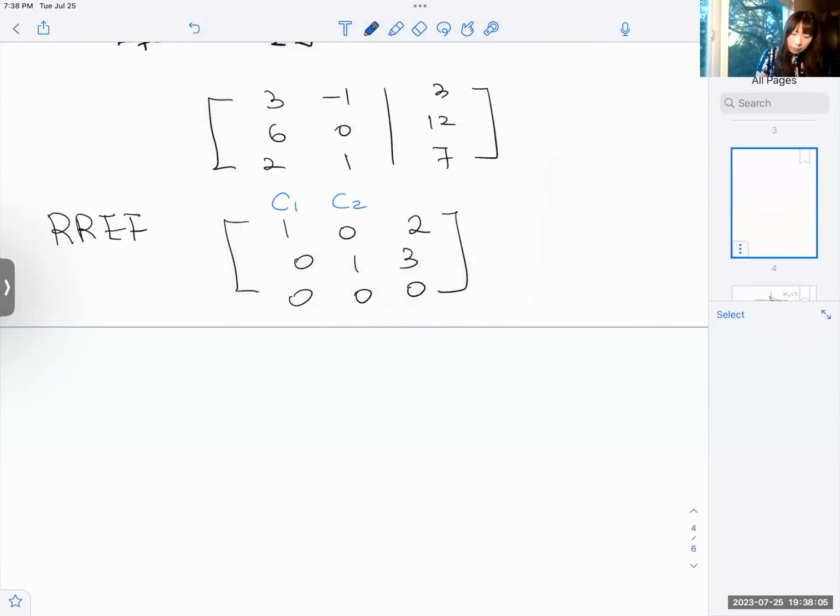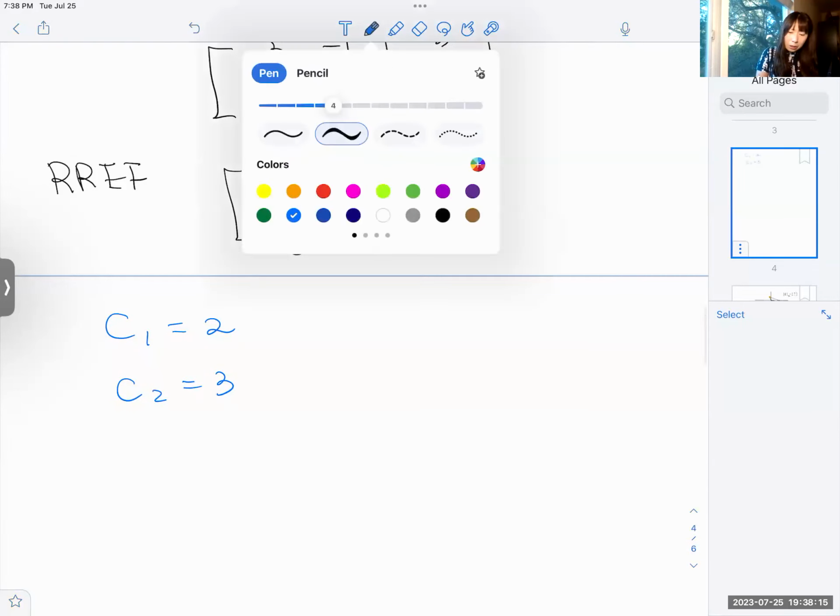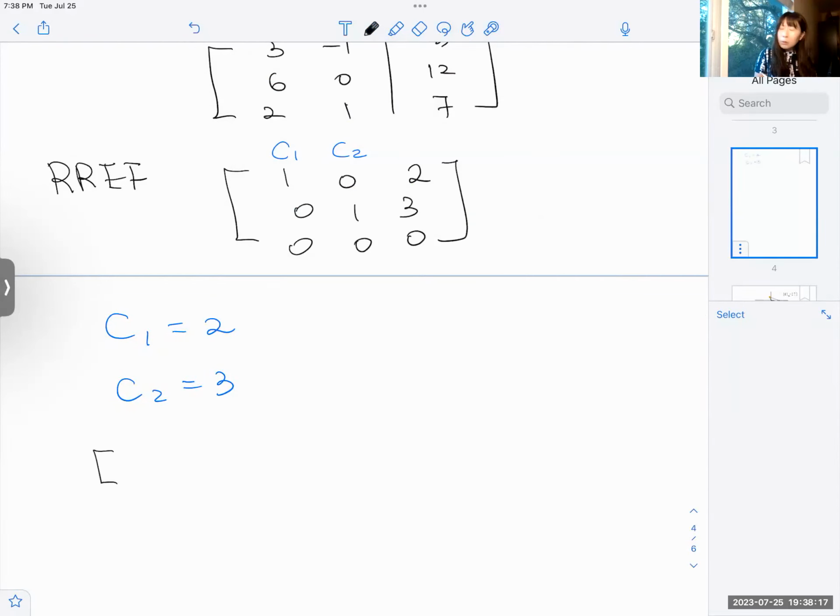So we have c sub 1 equal to 2, c sub 2 equal to 3, right? Okay, so we have the answer. So the coordinate vector of x, which is c sub 1, c sub 2, is 2 and 3.